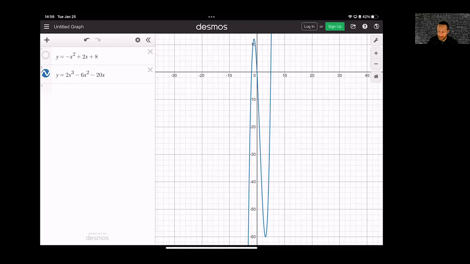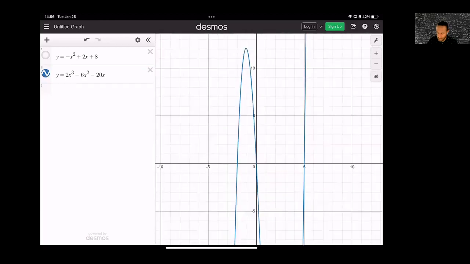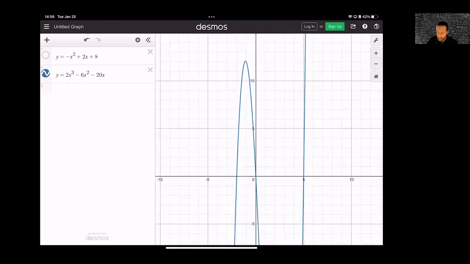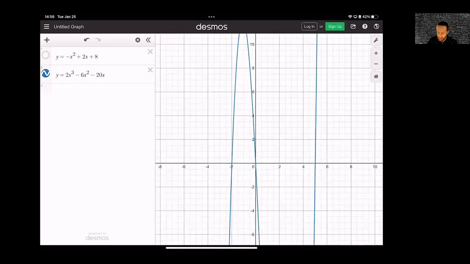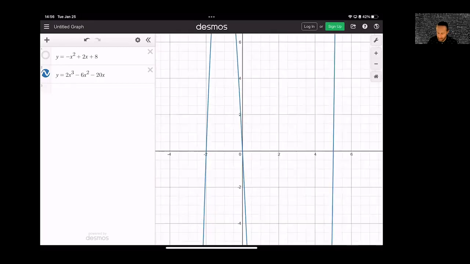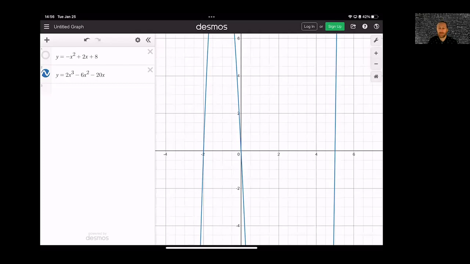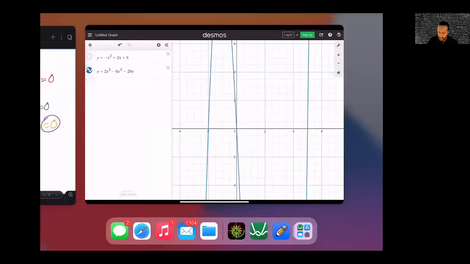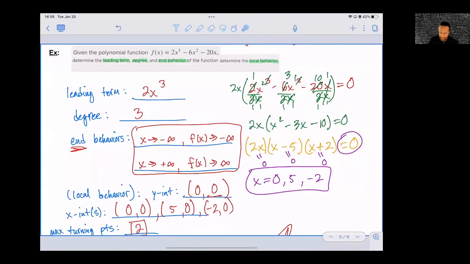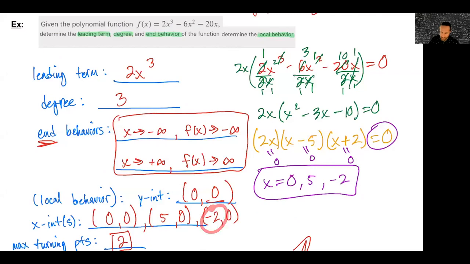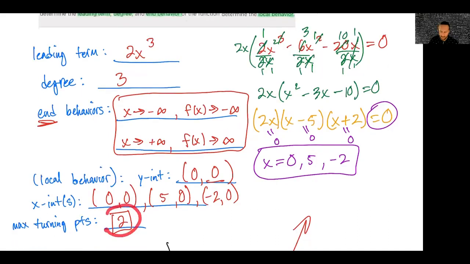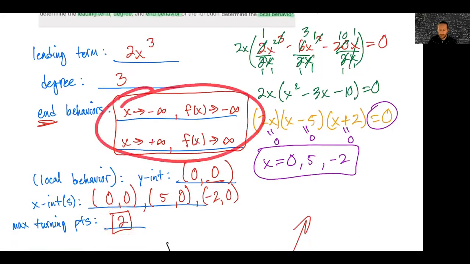But you can see that my x-intercepts are at -2, 0, and 5, just like we had on our graph. -2, 0, and 5, with my 2 turning points and my end behavior.